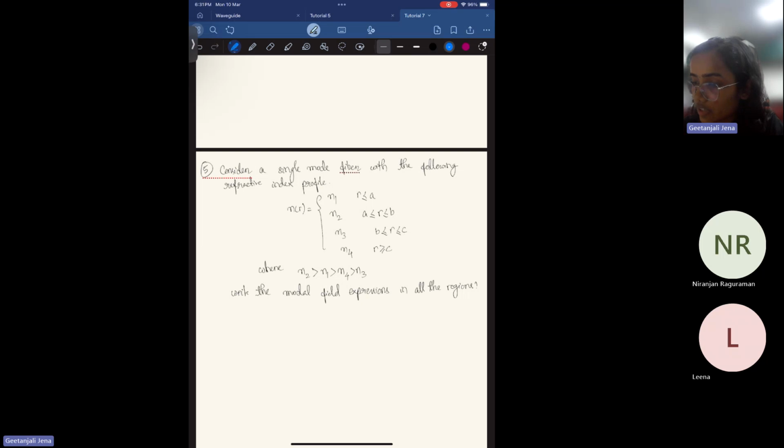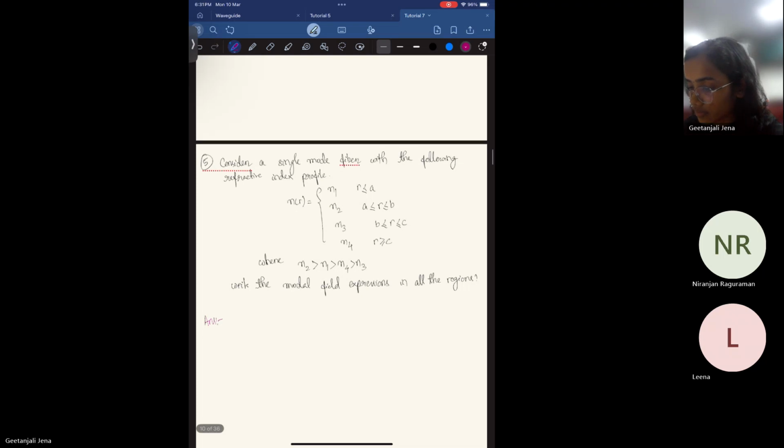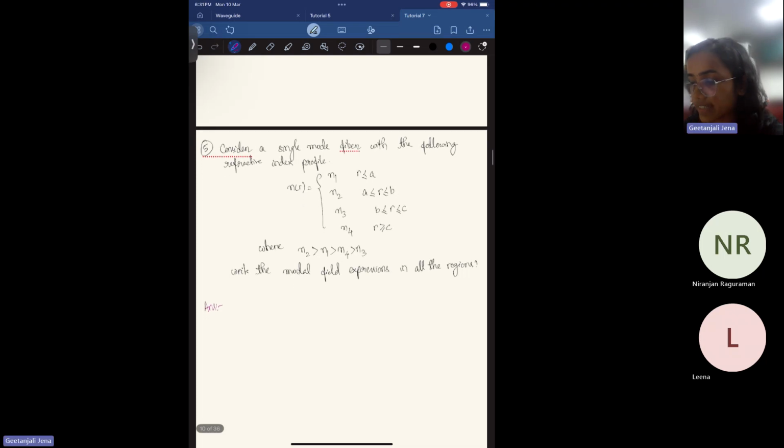So let us move to our next problem. We have a single mode fiber with the following refractive index profile.